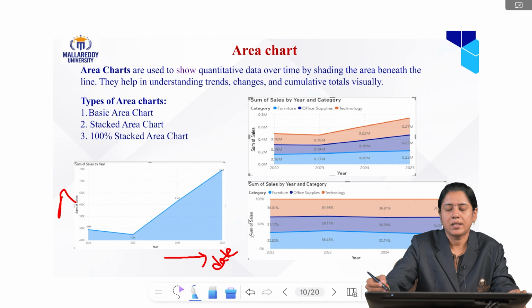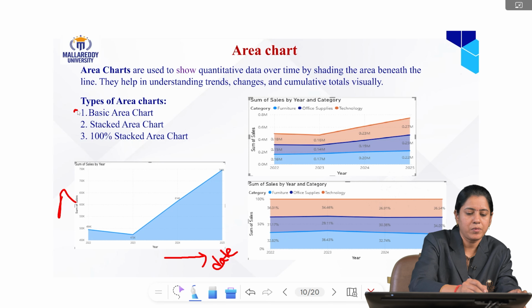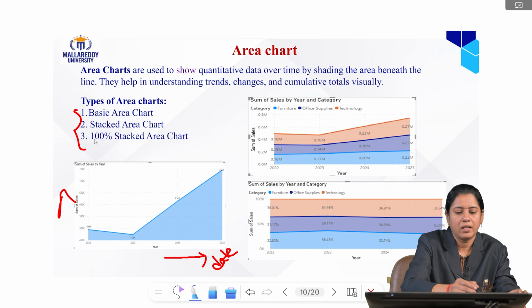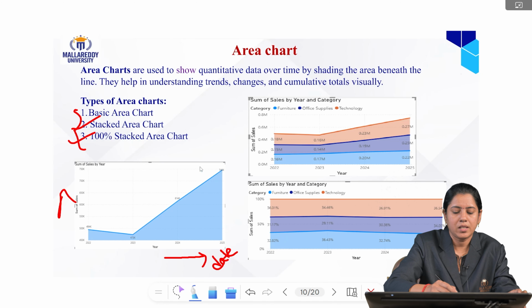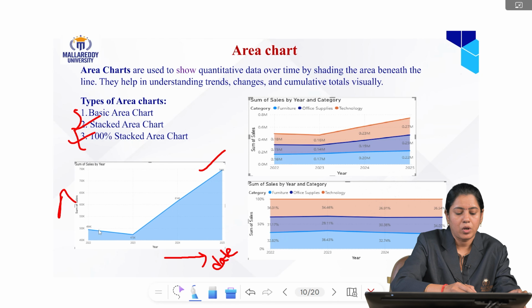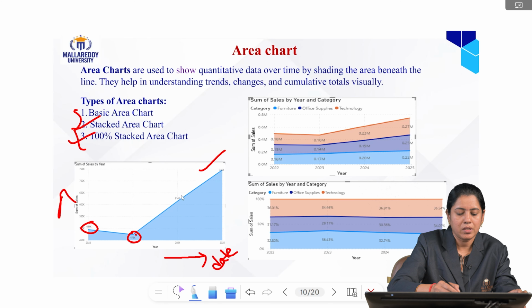Along the x-axis we show the year, along the y-axis we show some measure. Same as the bar chart and the column chart, the area chart also has three types: basic area chart, stacked area chart and 100% stacked area chart. This is the simple area chart between year and sales, and we have 4 years here. The sales done in 2022, 23, 24, 25 are displayed along with the labels.